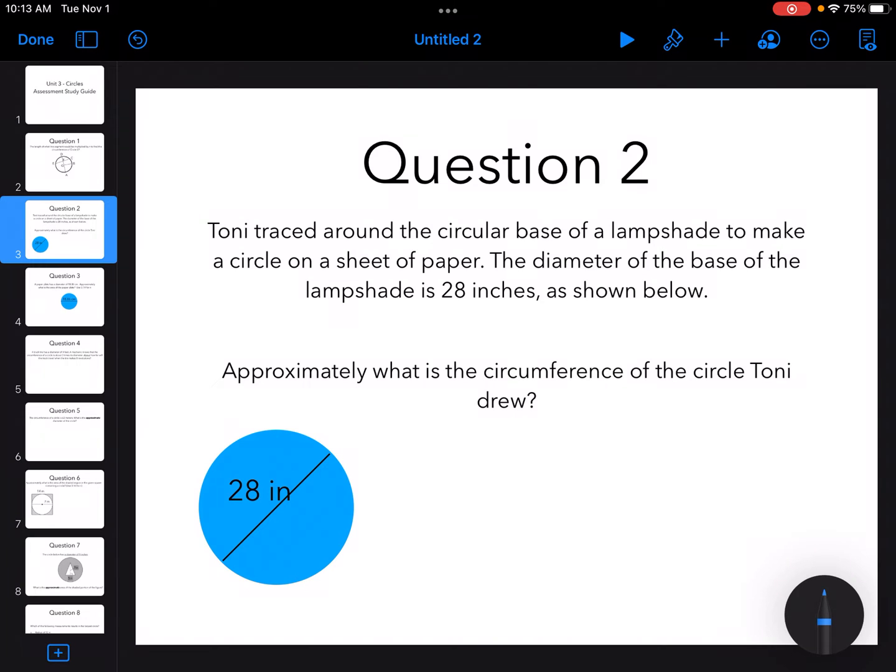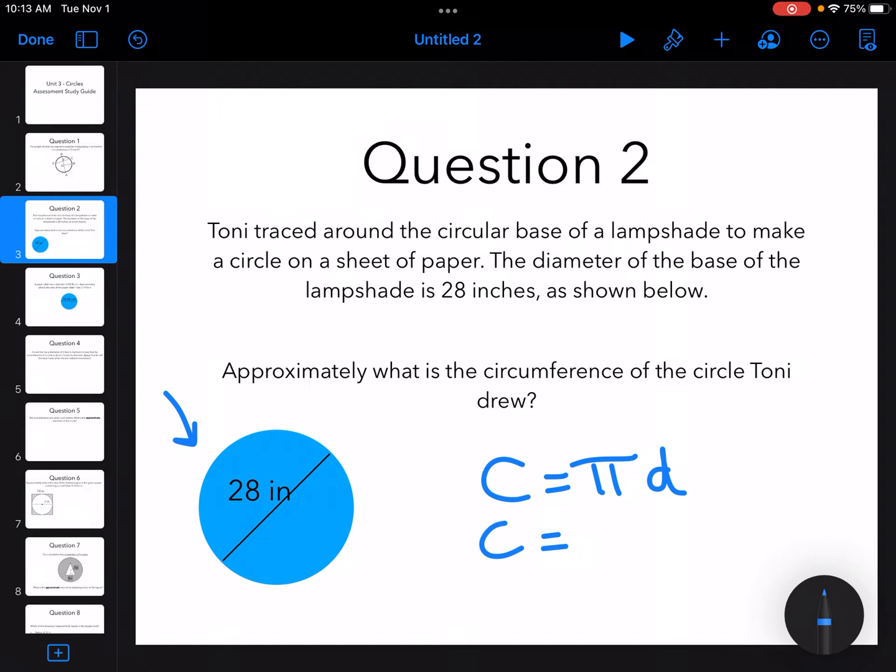Tony traced around the circular base of a lampshade and made a circle on a sheet of paper. So this right here would be the tracing. The diameter of the base of the lampshade is 28 inches, as shown below. Approximately what is the circumference of the circle Tony drew? So I've got C equals pi times diameter.